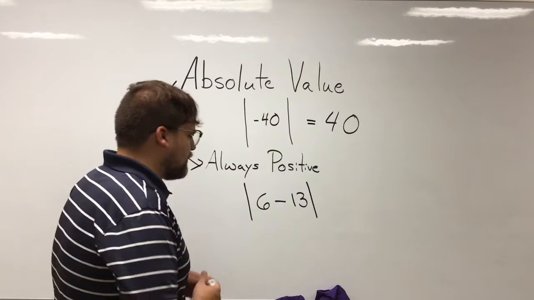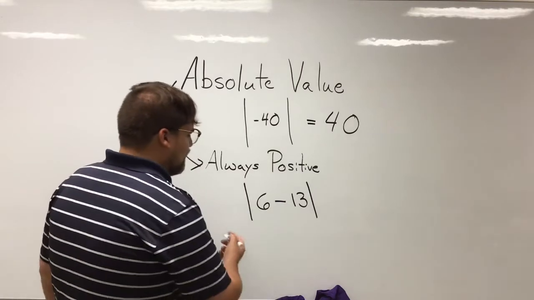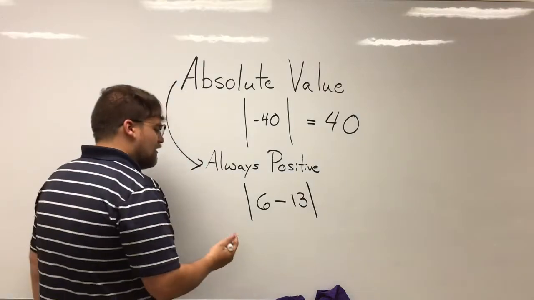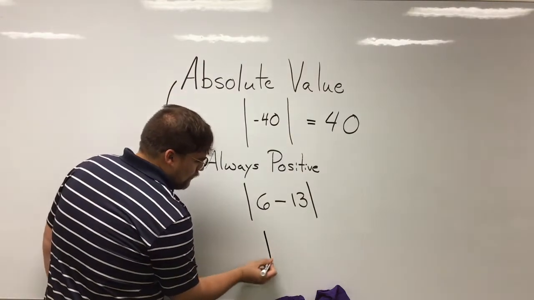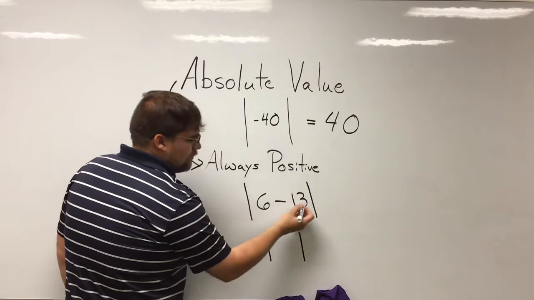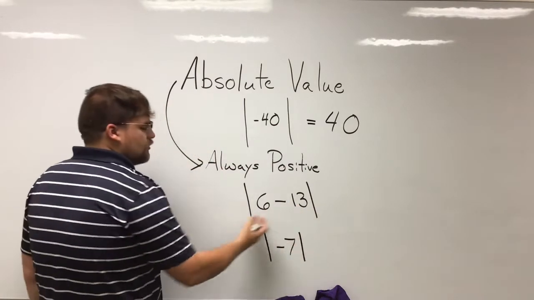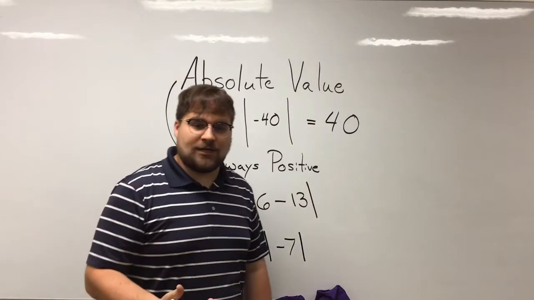We have 6 minus 13, right? Well, 6 minus 13, as long as my math serves me right, is going to be negative 7. So I'm going to evaluate this: 6 minus 13, get negative 7. Those absolute value bars are going to stay there for right now.